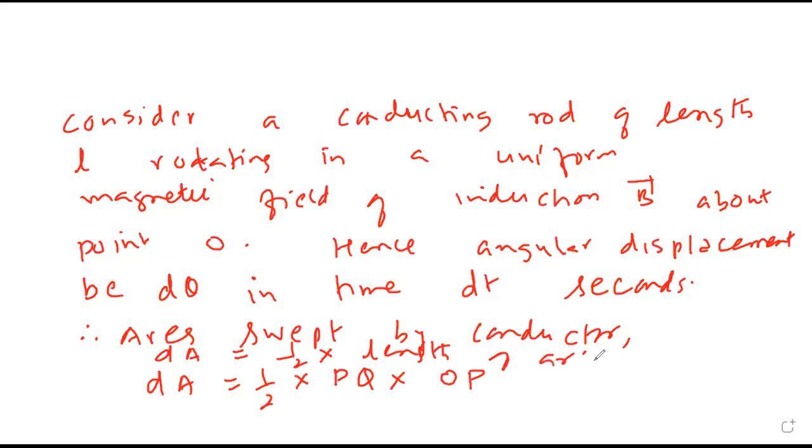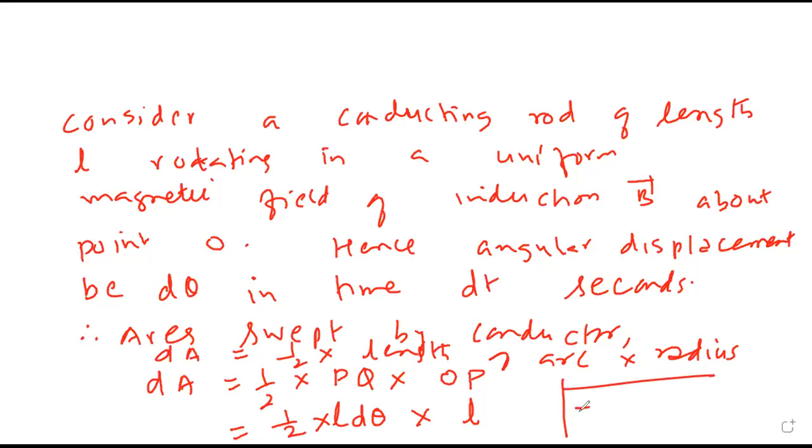You know this formula? Half l r is the area of a sector. So that will become half PQ. We got L d theta, into radius is L. So that will become half L square d theta. Okay. Copy this much again.